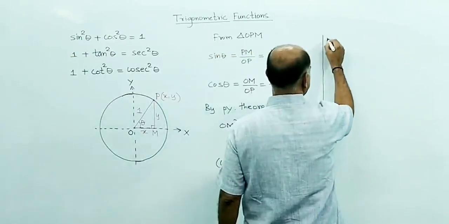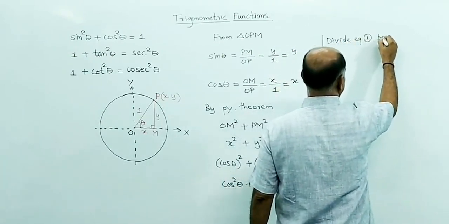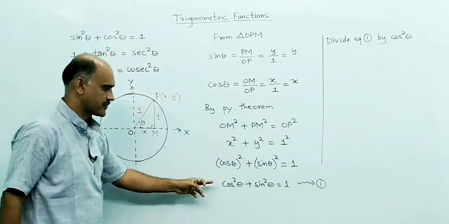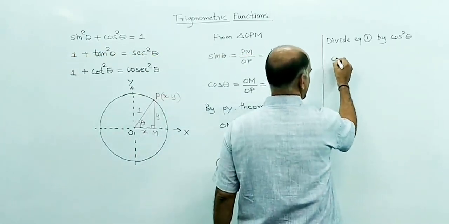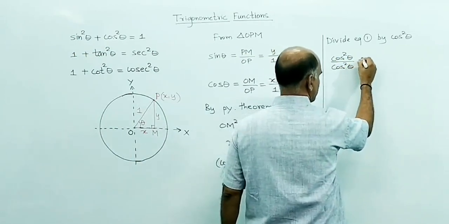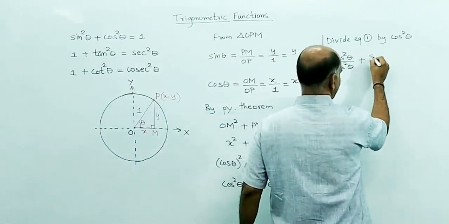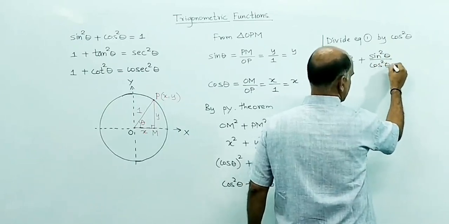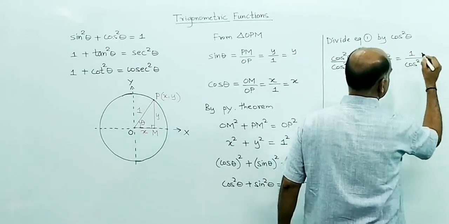If I divide equation 1 by cos square theta, I will have cos square theta by cos square theta plus sin square theta by cos square theta is equal to 1 divided by cos square theta.